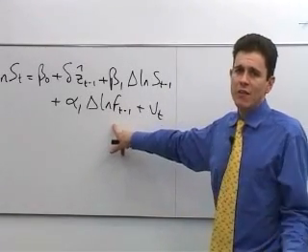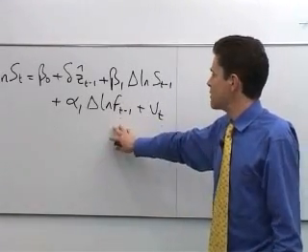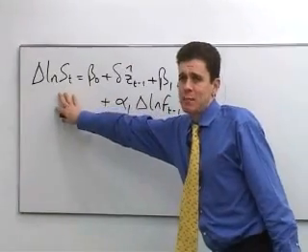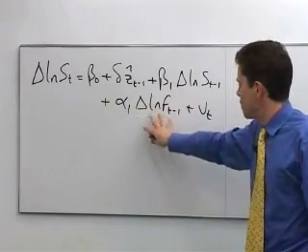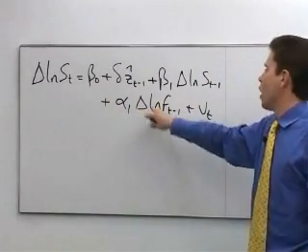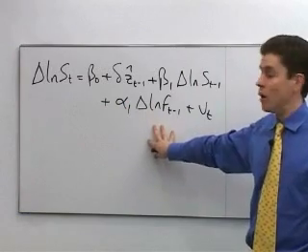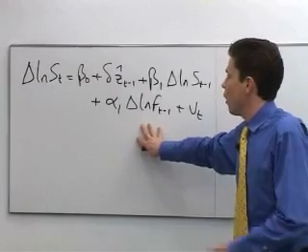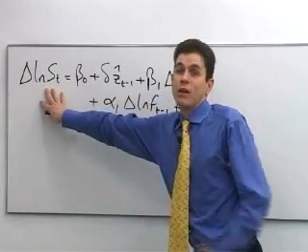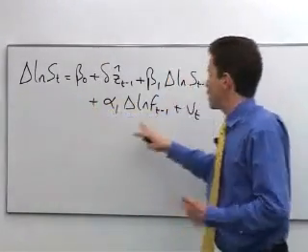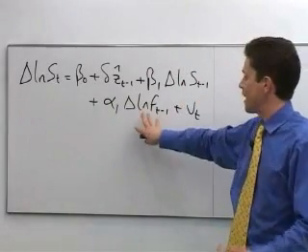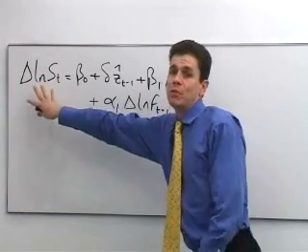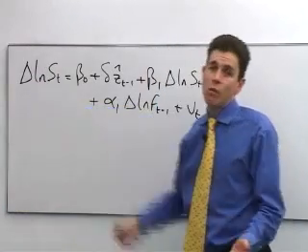If that's positive, that means that on average, the sign of the spot return in the next period is going to be the same as the sign of the last period's futures return. So if the futures return at time t minus 1 is positive, on average the spot return at time t will be positive. If the futures return at time t minus 1 is negative, on average the spot return at time t will be negative, and so on.